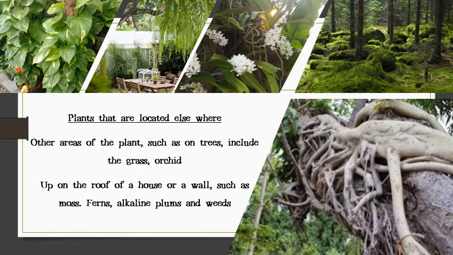And we have also plants that grow on the roof of the house or on the wall, such as moss, ferns, and weeds. So you can see that these are the plants that grow on other plants and any objects.